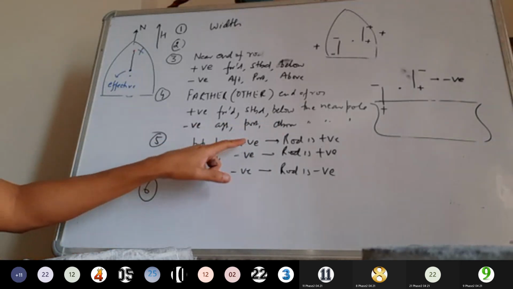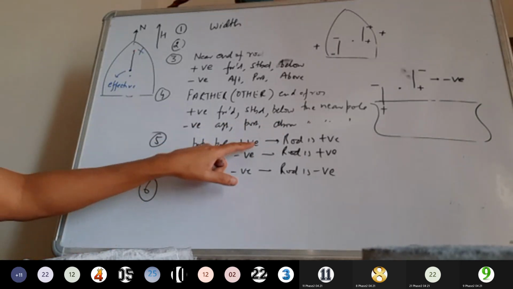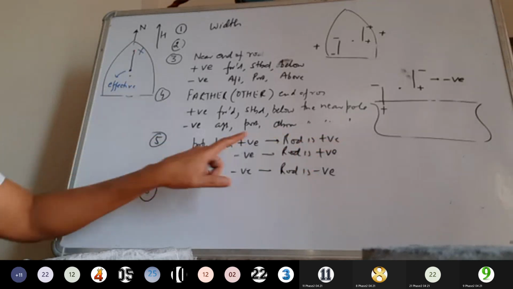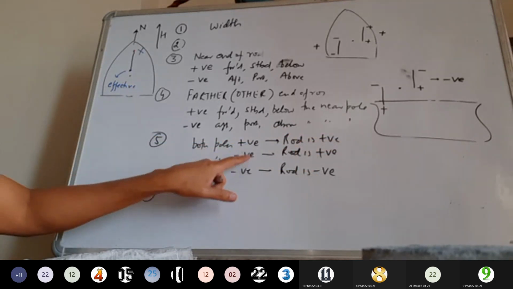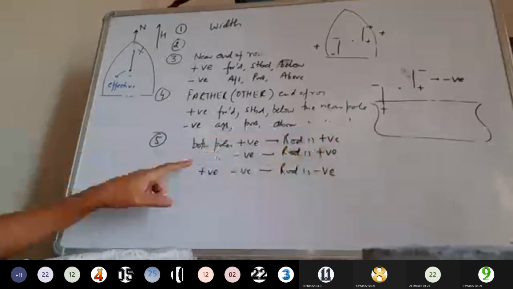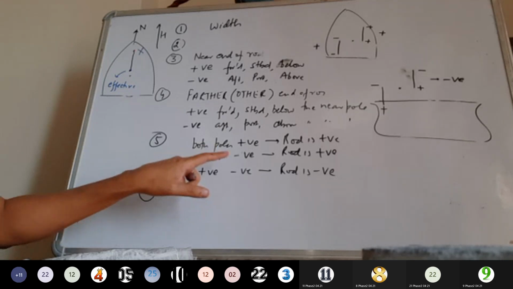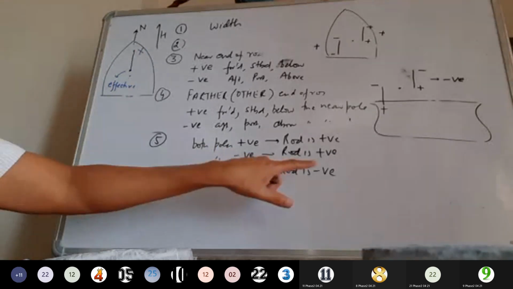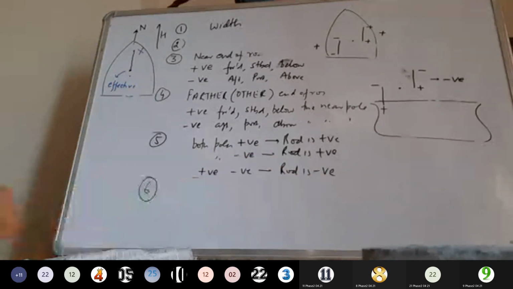If both the poles of a rod are positive, then the rod is positive. If both the poles of a rod are negative, the rod is again positive. If one pole of the rod is positive and the other pole is negative, then the rod is taken as negative. The last convention was that rods have a very long or infinite length. That means we will consider only the near pole to be effective at the compass.